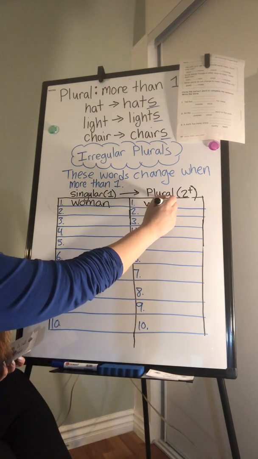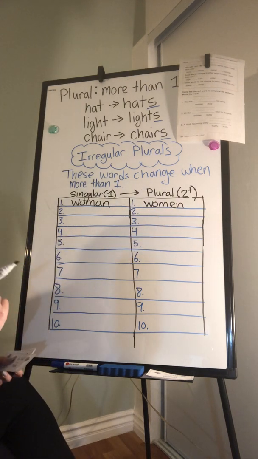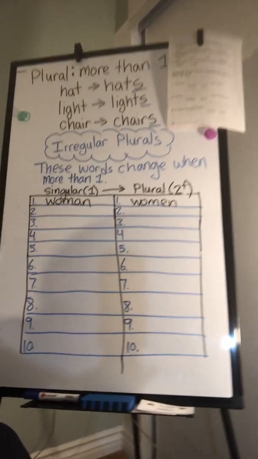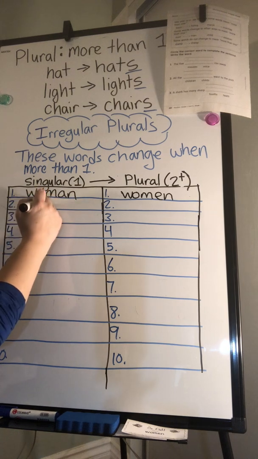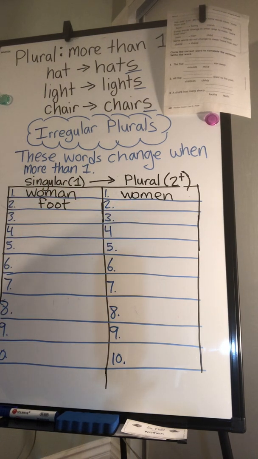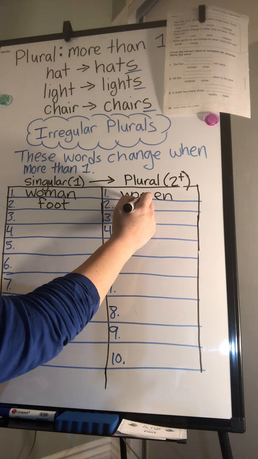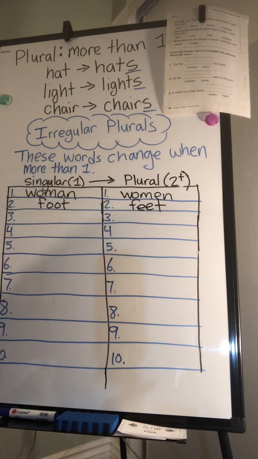You don't need to write it, but if you said it right, you can give yourself a point. And then we have one foot. Can you guess the plural? One foot, two foots? No, two feet. If you said it right, give yourself a point.